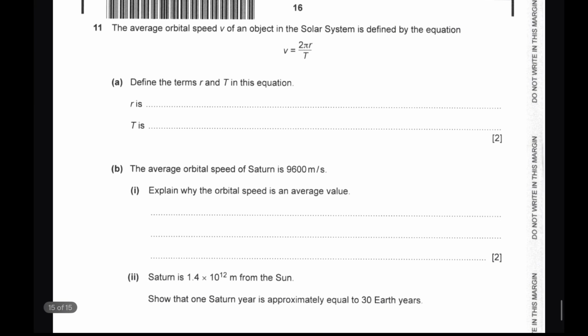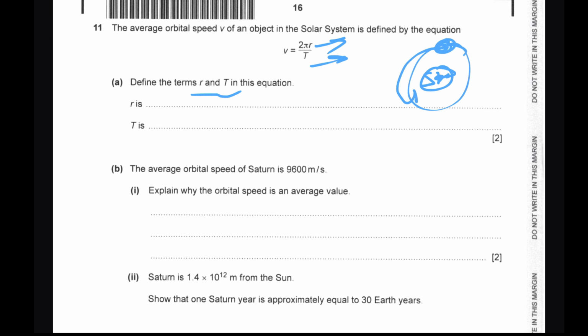Last question. The average orbital speed v of an object in a solar system is defined by the equation v = 2 pi r by t, basically circumference by time. Define the terms r and t in this equation. So r is the radius. If you have an orbit, say a planet going around a star, then r is this distance. And t is the time required to complete one cycle. You could say r is the radius, but radius of what?